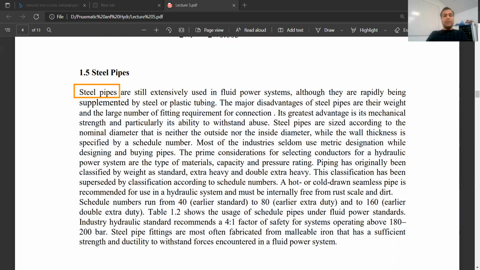One of the disadvantages of steel as compared to plastic tubing or other material is its density, its weight. Also, if the pipe is of a certain length and you need to put another pipe, there are a lot of issues with the fitting. Wherever there is a fitting, either on the bend or somewhere, when you fit the material, it will be tight here.